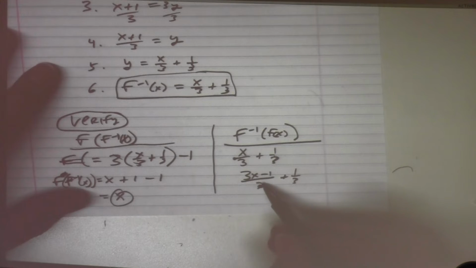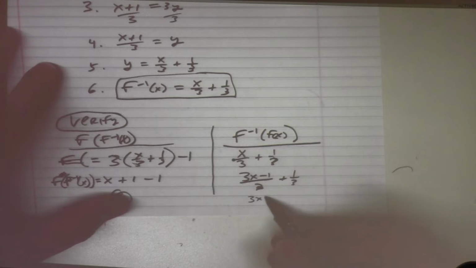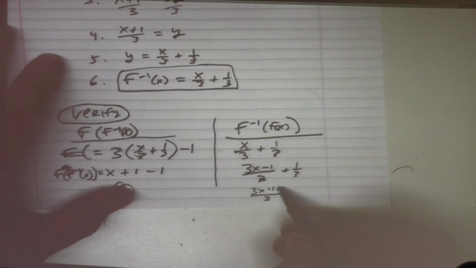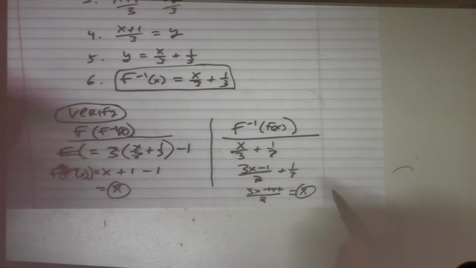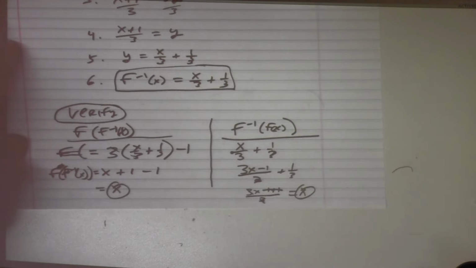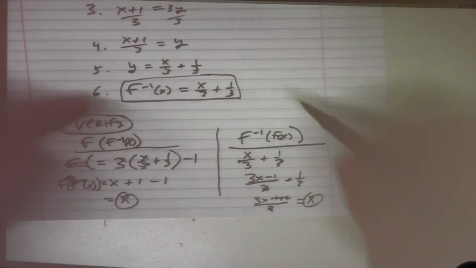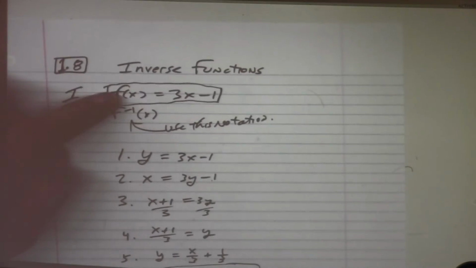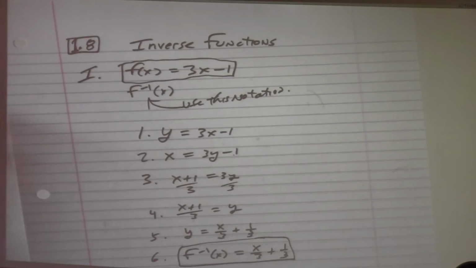In this case, these 3's I can add together, 3x, and because this is all over 3, minus 1 plus 1. Those cancel out, and the 3's cancel out, and this equals x. Because both of these equal x, this verifies that this is indeed the inverse of this function.